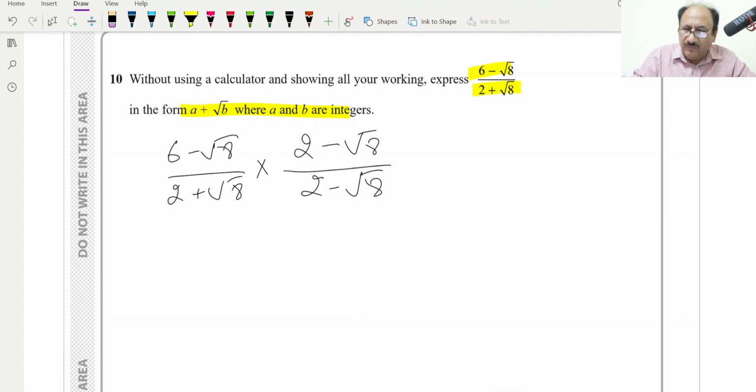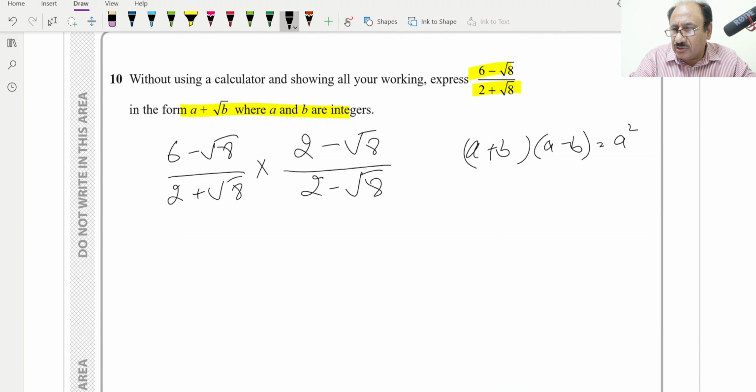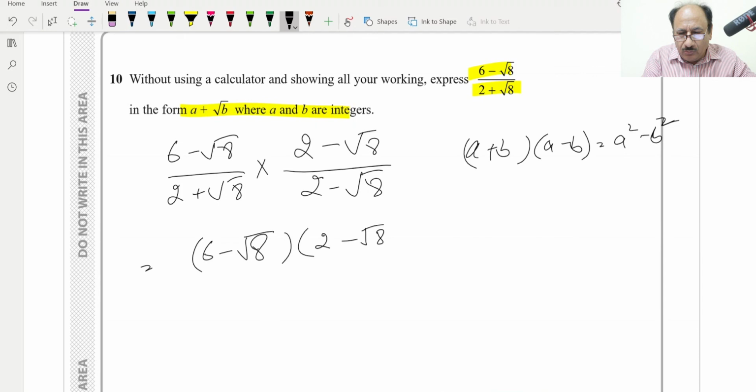So we can apply the formula, which is a plus b into a minus b is equal to a square minus b square, and we can rewrite it as 6 minus under root 8 and 2 minus under root 8 in brackets over 2 square minus under root 8 square.